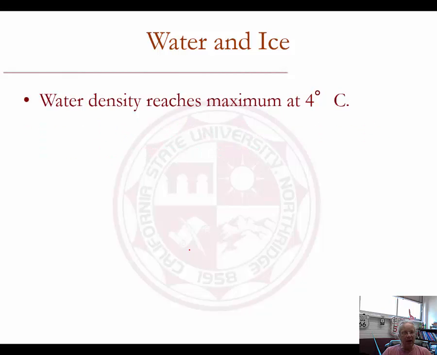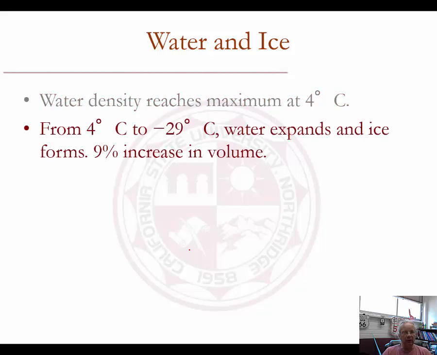But it reaches a maximum density at 4 degrees Celsius, just above freezing. Below that, water begins to freeze, and it expands during the formation of ice, and it increases in volume.